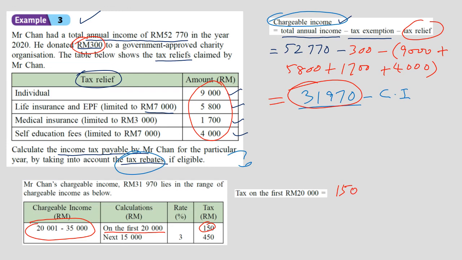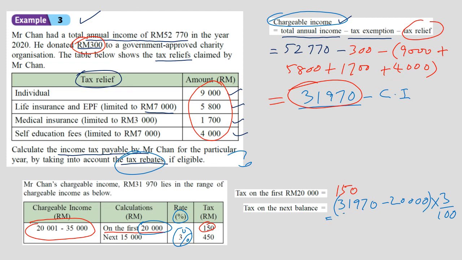And then for the tax on the next balance, you take 31,970, minus 20,000, and multiply with 3%. So you'll get 359.10.